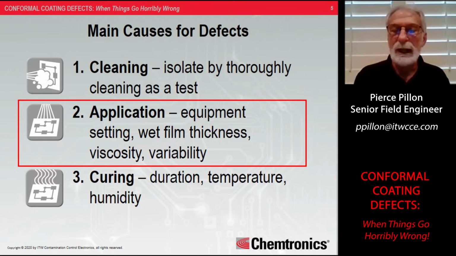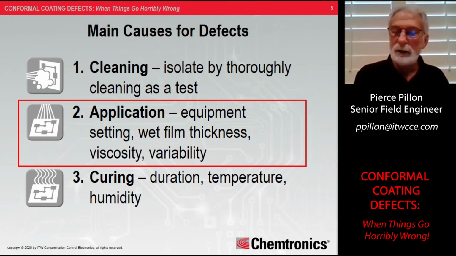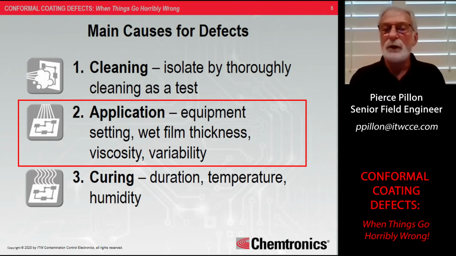It could be an application error, an equipment setting, whether it's an improper setting or whether something has drifted. Wet film thickness, if it's too little or too much, can cause that condition to possibly be a defect. Viscosity changes.